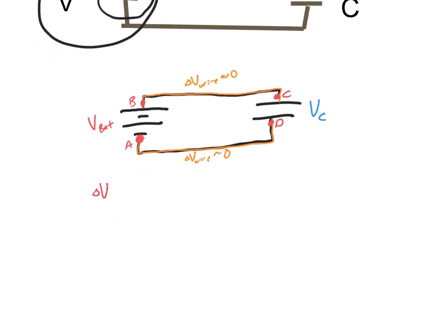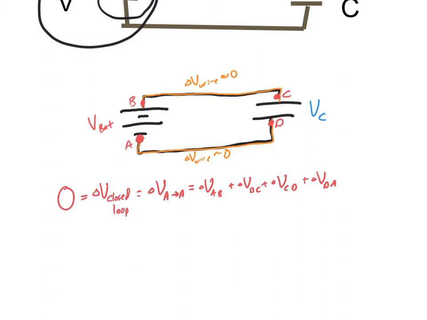So the difference in voltage in our closed loop would be, for example, the difference in voltage from A to A, which is 0, because A and A have the same voltage at them. Therefore, no voltage difference. But A to A has a process to it. There's your difference in voltage from A to B, from B to C, from C to D, and lastly, from D to A.